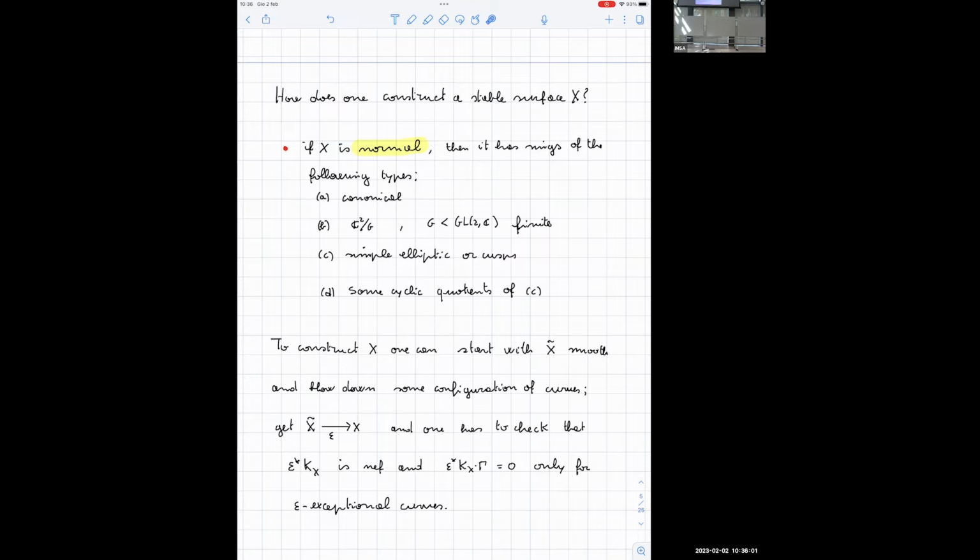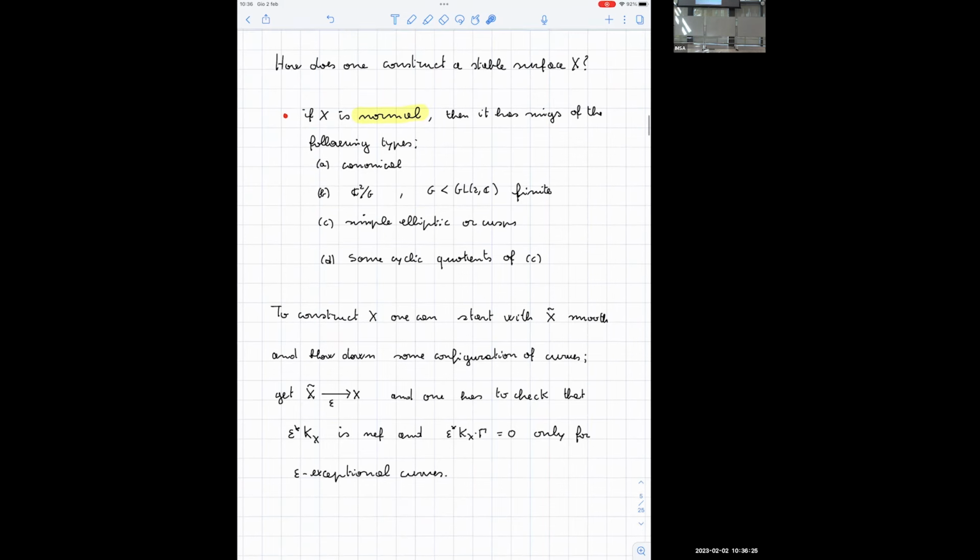Then there are quotients of the affine plane by a finite linear subgroup, simple elliptic singularities or cusps. These are Gorenstein. And then there are some quotients. These are classified. I don't want to give all the details of the simple elliptic and cusps.